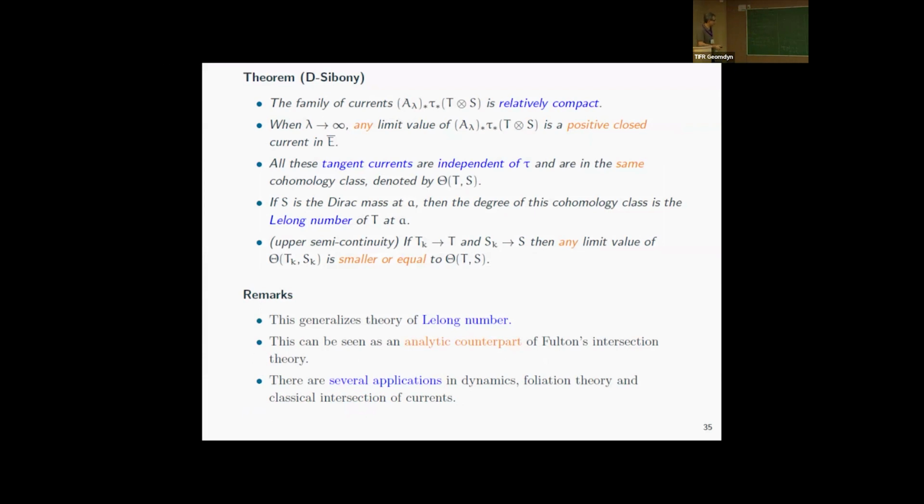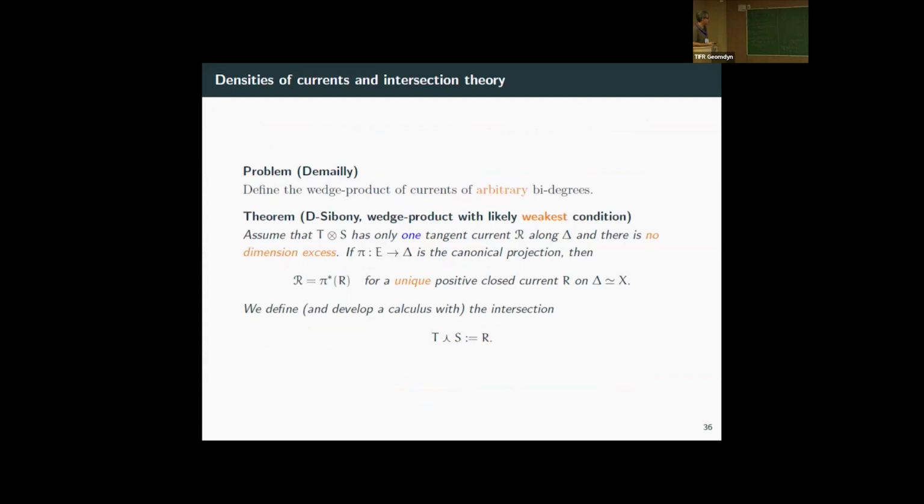As I say, it's a generalization of the theory of the Lelong number where S is a Dirac mass. If the second current is just a Dirac mass, then you get the Lelong theory, which is not formulated in this way, but is equivalent. Okay, so this is a problem of Demailly, how to define the intersection of currents of higher bidegree, and we can use this theory to do that.